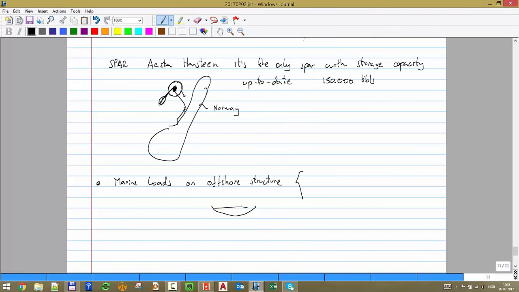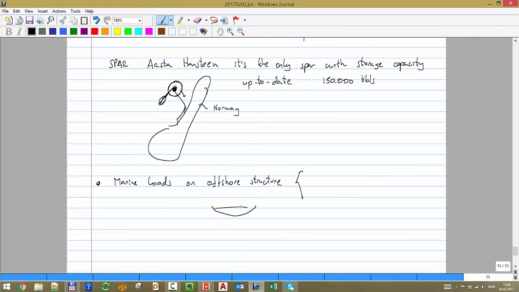So we first have to characterize the loads, which are waves, wind and current, and I'm going to tell you briefly how we characterize them. And then we have to characterize the response, how the structure is going to respond to these loads. And based on that, you will see that some structures behave better than others.